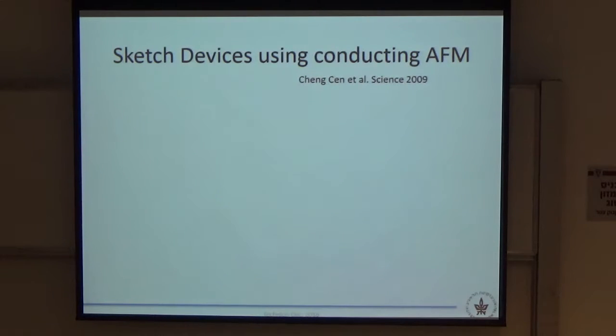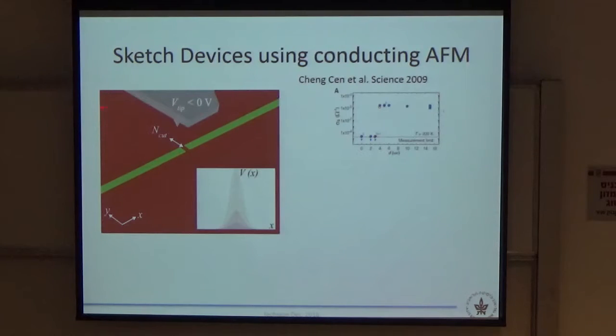Another nice application is using a conducting AFM tip. Instead of biasing using gate voltage, you use the AFM tip. Basically, you bias this tip against the surface, and you grow the material here, 3 unit cells, so it's almost an insulator or almost a conductor.